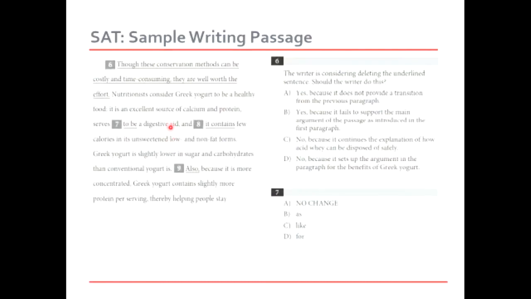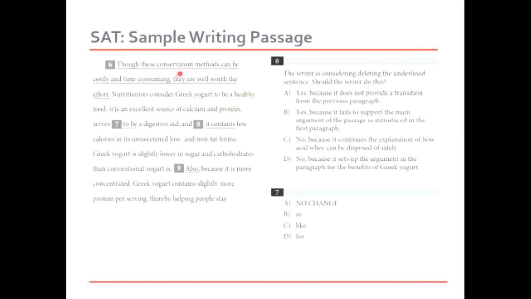Now the next sentence is, "Though these conservation methods can be costly and time consuming, they are well worth the effort. Nutritionists consider Greek yogurt to be a healthy food. It is an excellent source of calcium and protein, serves to be a digestive aid," and so on. So in this paragraph, they are talking about the advantages of Greek yogurt. They are specifically focusing on those, and they have actually mentioned them in the sentences that follow.